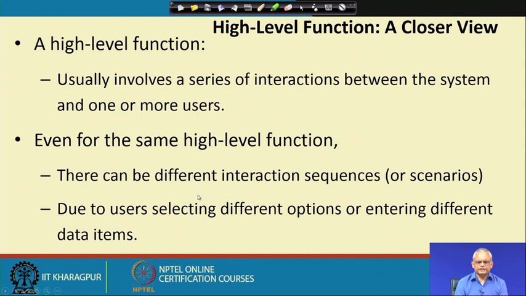We can realize that every high level function actually is a series of interactions between the system and the user. The user inputs something, based on that the system does some processing, produces some output, and based on that the user enters certain other thing, and so on. So, we can think of every high level function as a series of interactions between the user and the computer.